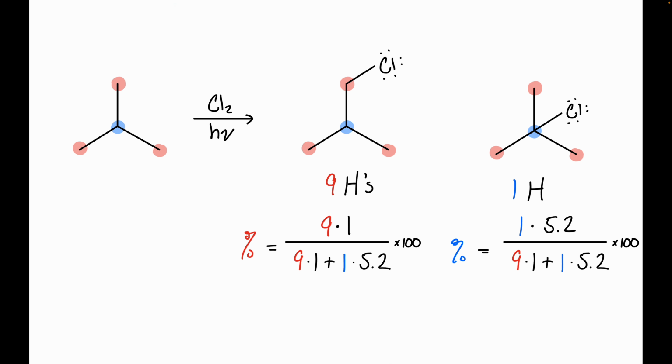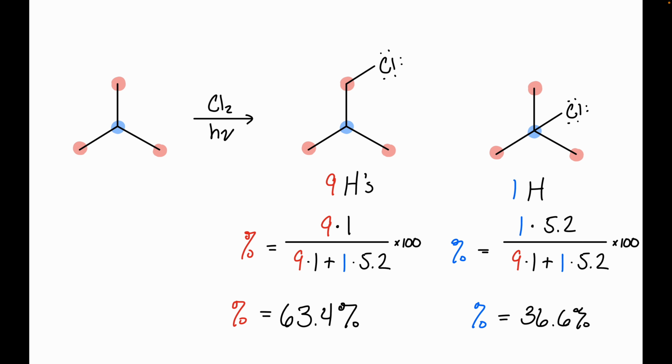All right, so when we do our math, we would see that 63.4% of our product will be that 1-chloro-2-methylpropane, and the other 36.6% is that 2-chloro-2-methylpropane.